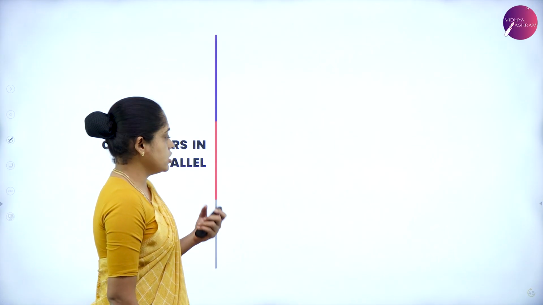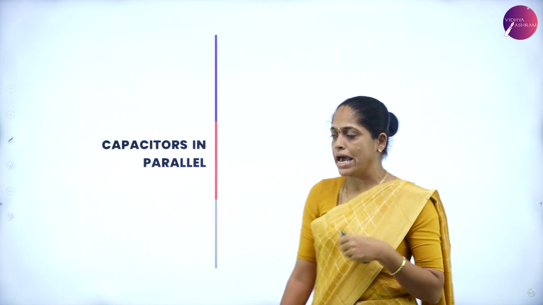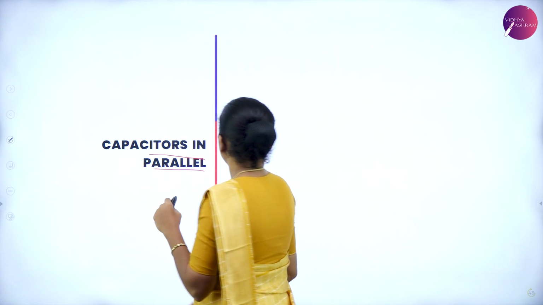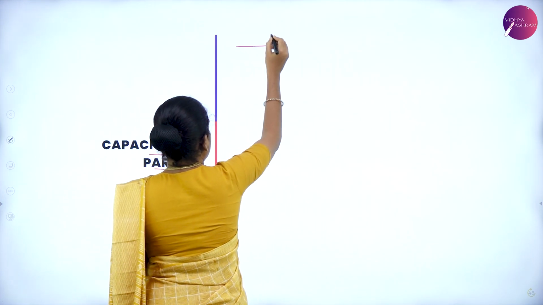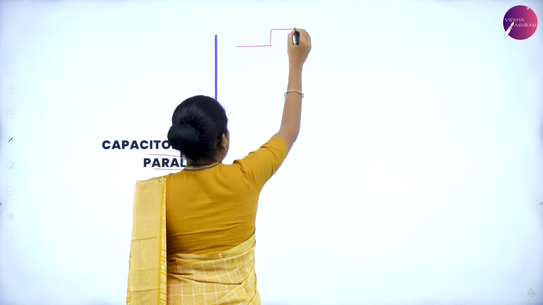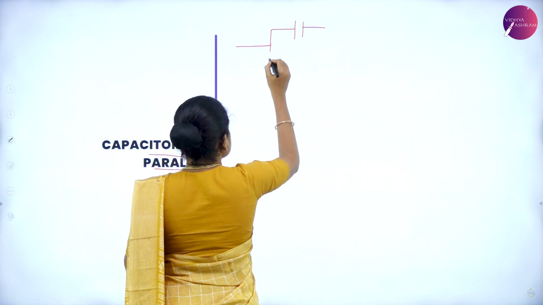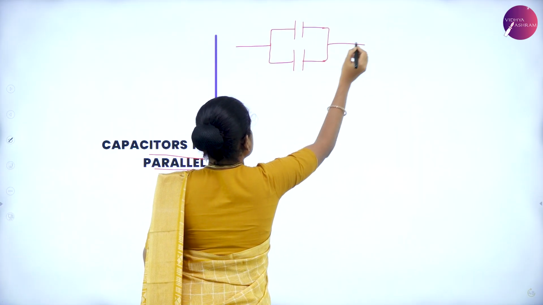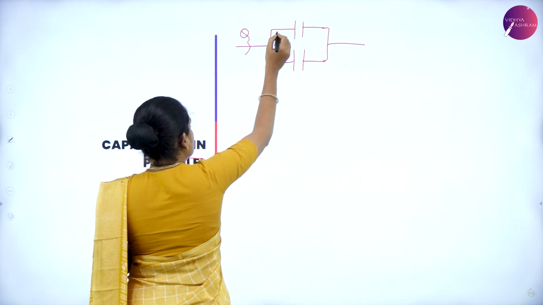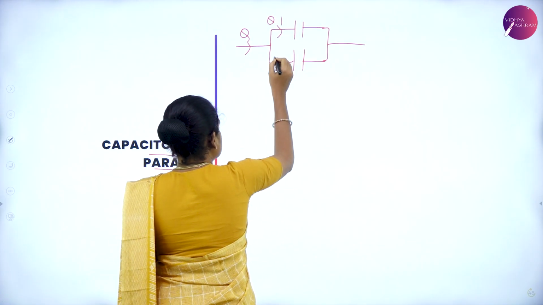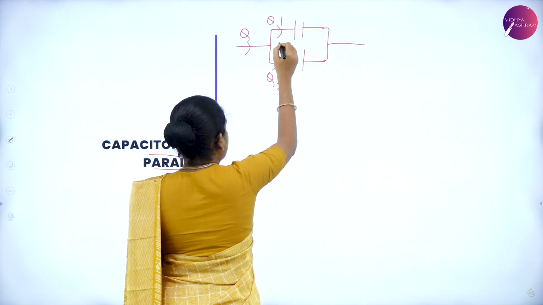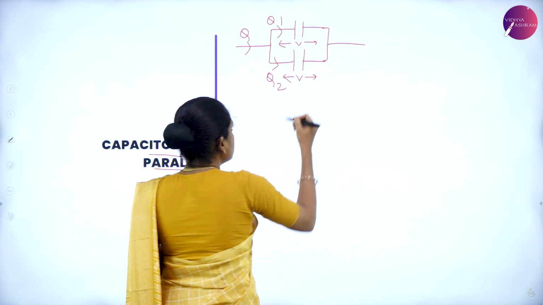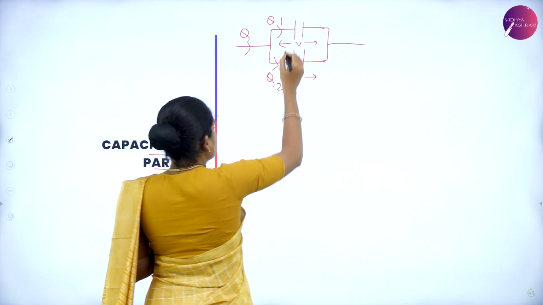The next combination is capacitors in parallel, and you know what a parallel combination is, where two capacitors are connected between two points, the same two points. Here the charge divides as Q1 and Q2, but the potential remains the same as they are connected between the same two points.